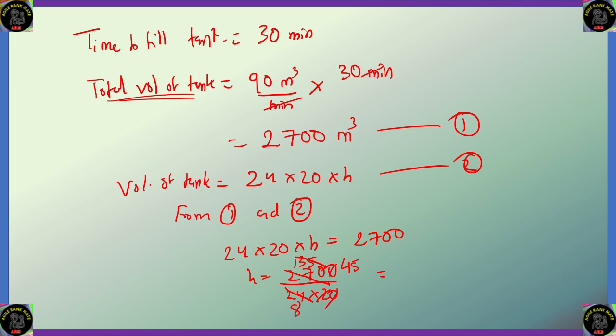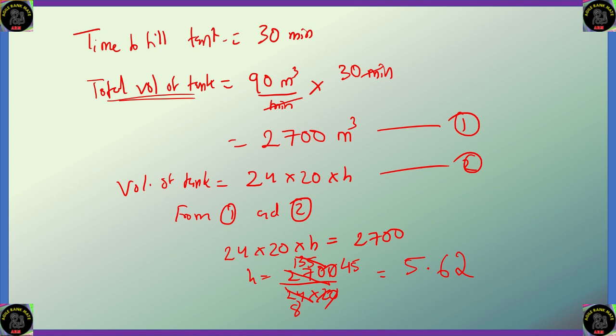Now if we divide it, 8 into 5 is 40. So 5 and the remainder would be 5, and 50. 50 is divisible by 8, so 8 into 6 is 48. So 6, remainder 2. 20 is divisible by 8. 8 into 2 is 16. So 6, 2. And we'll get remainder 4 and 40.